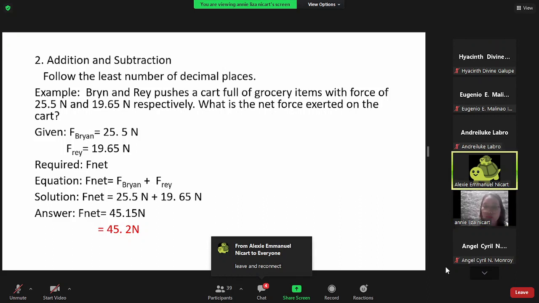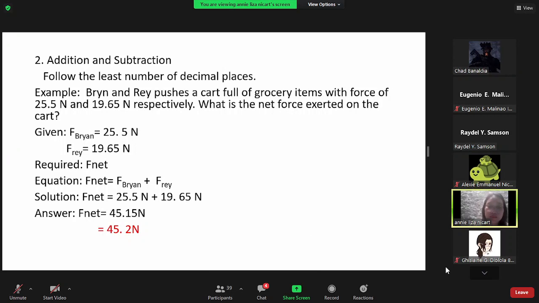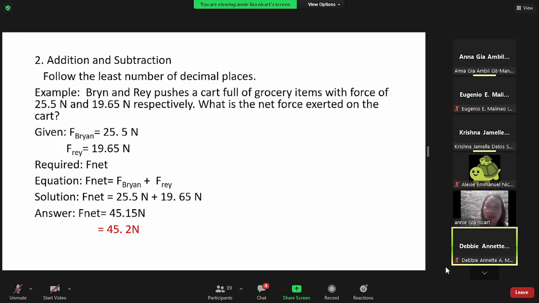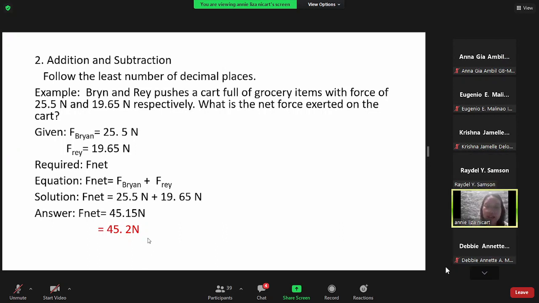One. And Ray's? Two. So your final answer should have the least number of decimal places, like Ryan's. So your final answer is 45.2 Newton.